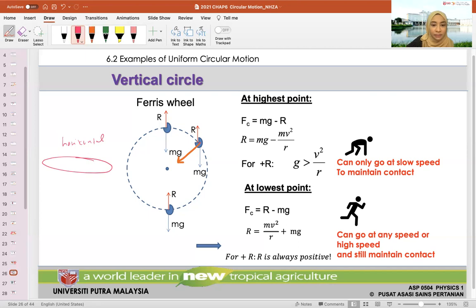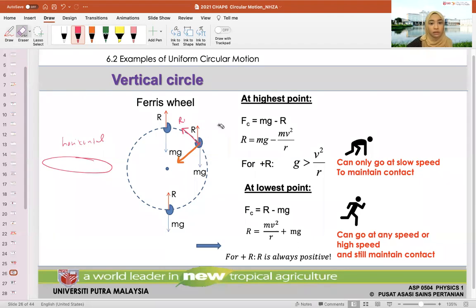Susah nak bayangkan, kejap, kita akan resolve macam ni. So this becomes our R. Let's just call this R1 and this is R2. Kita akan resolve R to its components and this will be what is acting towards the center. But in this case, this is going to be negative R2.